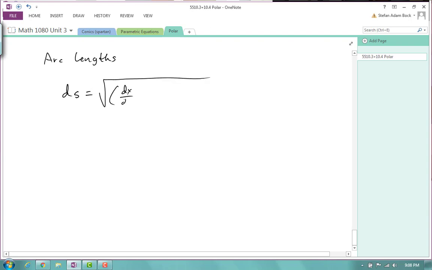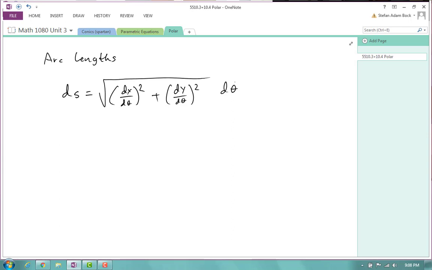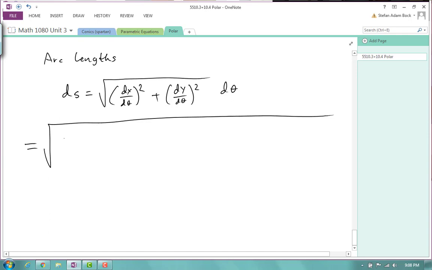It's the integral of the square root of dx over d theta squared plus dy over d theta squared, d theta. But we have actually calculated what dx and dy over d theta are equal to. So we have a nice big square root.